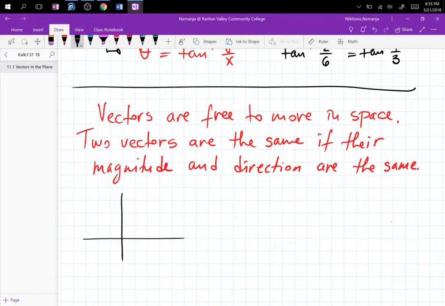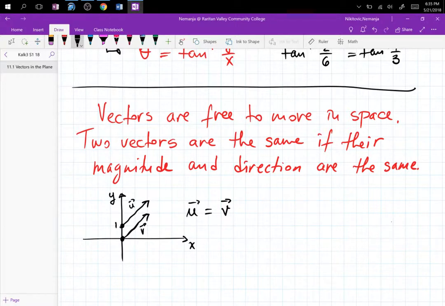So if I have a vector that is 45 degrees starting at y equals 1, then this vector is the same. So if this is vector u and a vector v, in this case u is the same as v. And we can just say, you know what, just move the vector u down 1 unit and it becomes vector v.